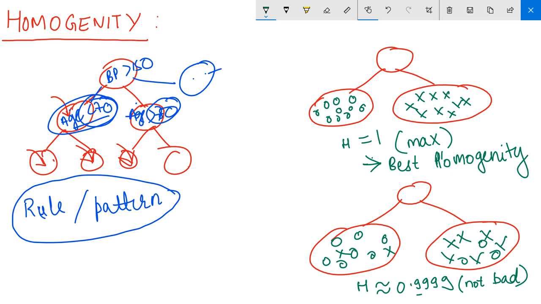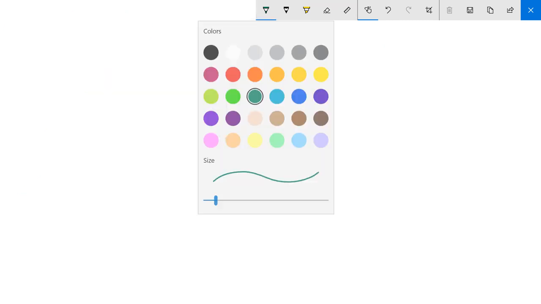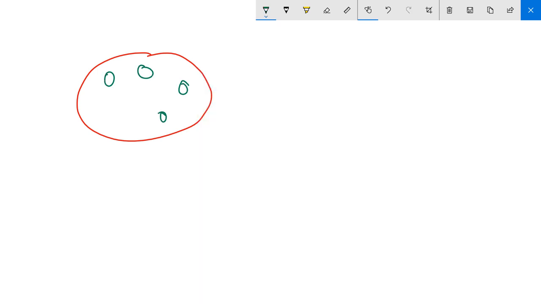All right, so I'll just give you an example of bad homogeneity as well. Let's say this is a leaf. We have some circles. This is a very bad homogeneity.